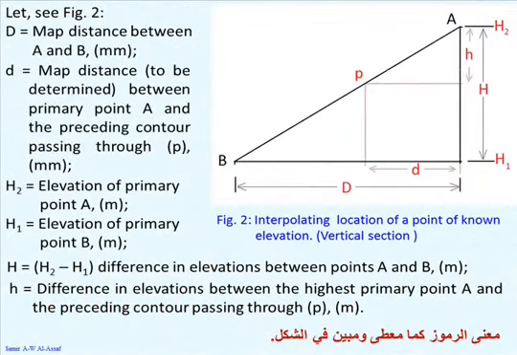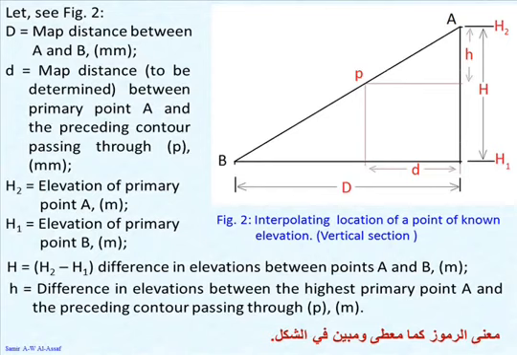Let us see figure 2. Capital D equals map distance between A and B in millimeters. Small d equals map distance, which is to be determined, between primary point A and the preceding contour passing through P in millimeters. Capital H sub 2 equals elevation of primary point A in meters.